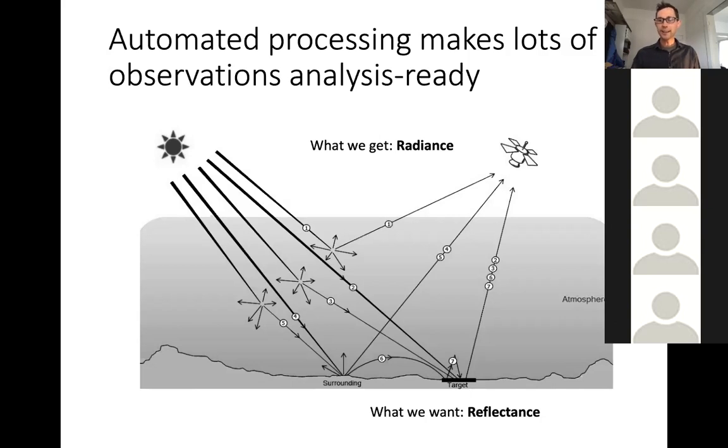And what's really time-consuming in remote sensing, or at least was historically, is this process called atmospheric correction. And that's still an area of active research. I'm not saying that we've nailed it, but a lot of these procedures have become automated. So we have a lot of analysis-ready surface reflectance data that's available for use across large domains from different satellites.